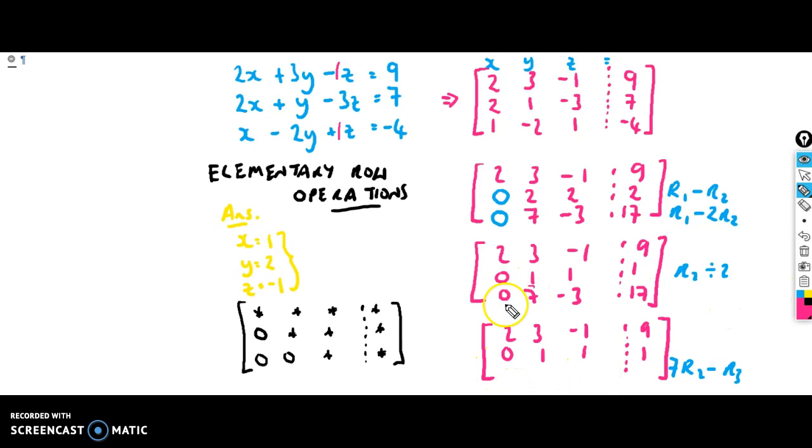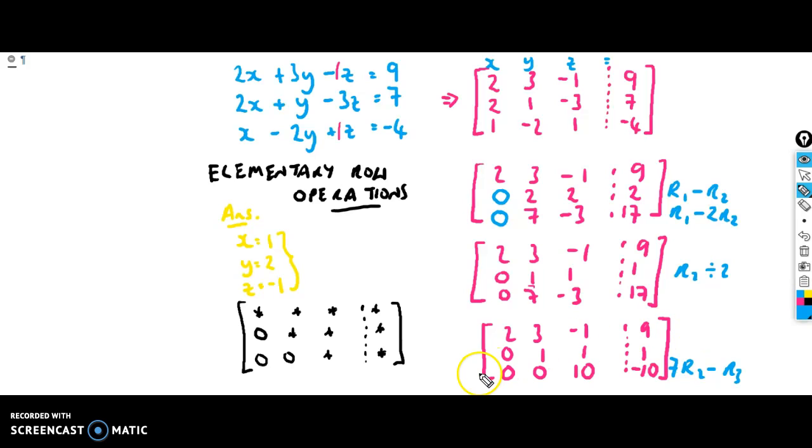So we've already got a 0 here, and 7 lots of nothing take away nothing is still nothing. 7 lots of 1 take away 7 is 0. 7 lots of 1 take away negative 3 becomes a positive, so that's 10. And 7 lots of 1 take away 17 is minus 10. Fantastic. Breathe a sigh of relief.